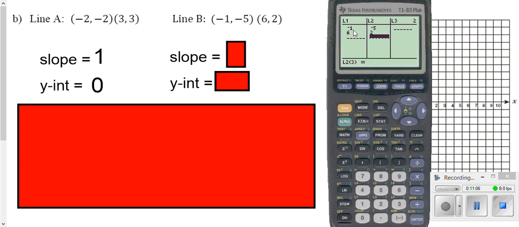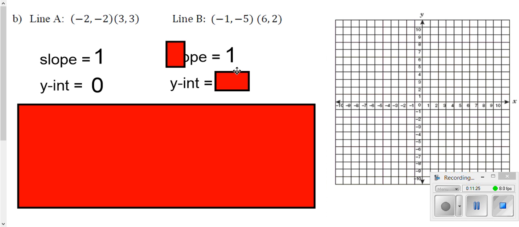Now that's about the only way you can miss this problem, by typing in the wrong numbers. So stat calc, number 4. And again, A, the slope with the calculator, is 1 and B is -4. The y-intercept is -4.